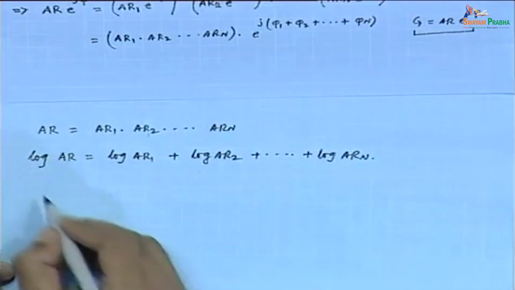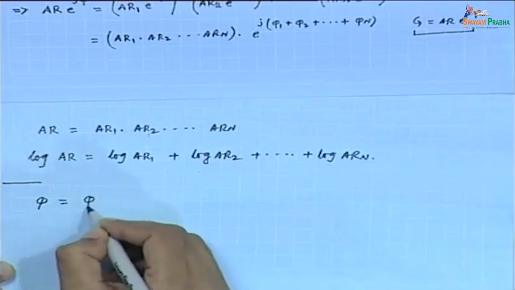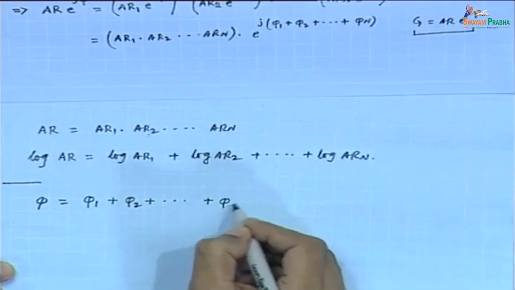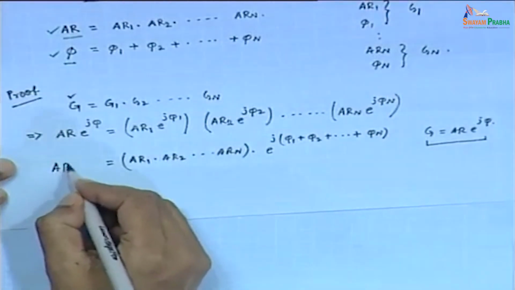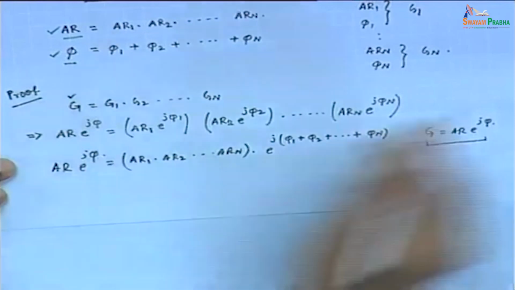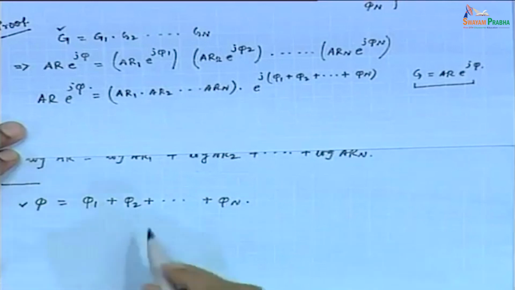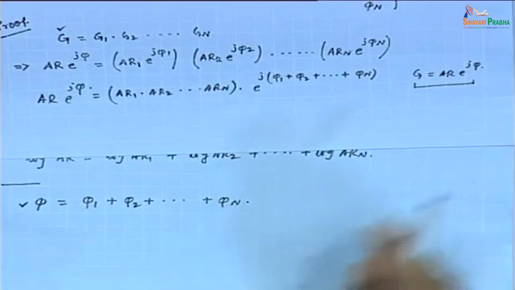Fine. Similarly, for the phase angle we can write phi as the summation of all individual phase angles. Comparing left hand side and right hand side, we obtain phi as the summation of all individual phase angles. So, these are the two expressions.